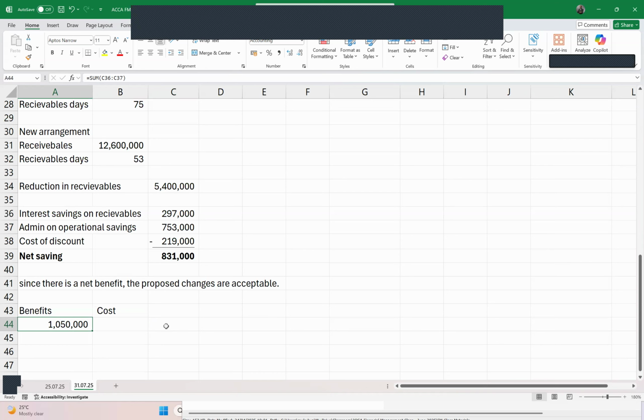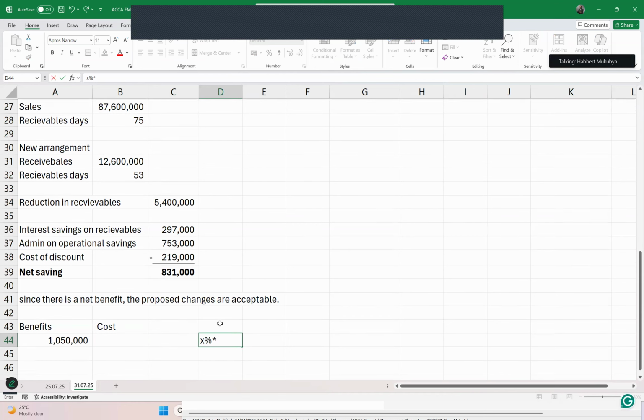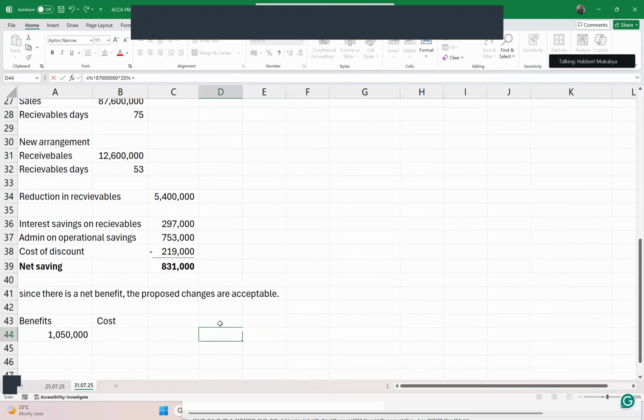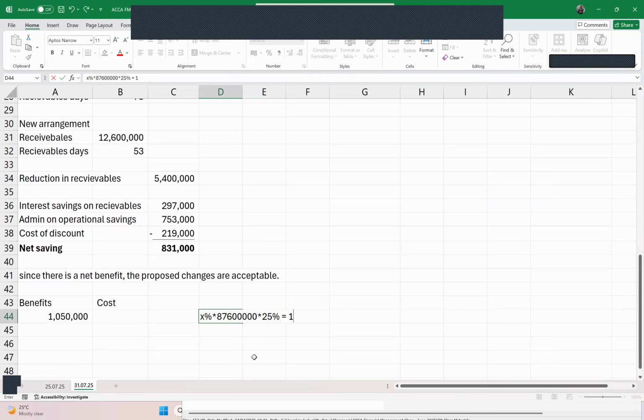Now, for me to have 0, that means that the cost should also be the same, 1,050,000. Now this is where you bring in your math. X% of the revenue, which is 87.6, multiplied by 25% should equal 1,050,000.